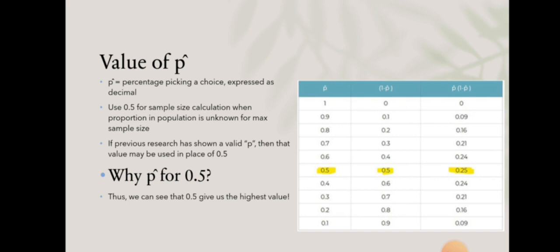The value of P. What is the value of P, and why do we use 0.5 for P? Let us see this table on the left side. P means the percentage of picking a choice, expressed in decimal or in percentage.